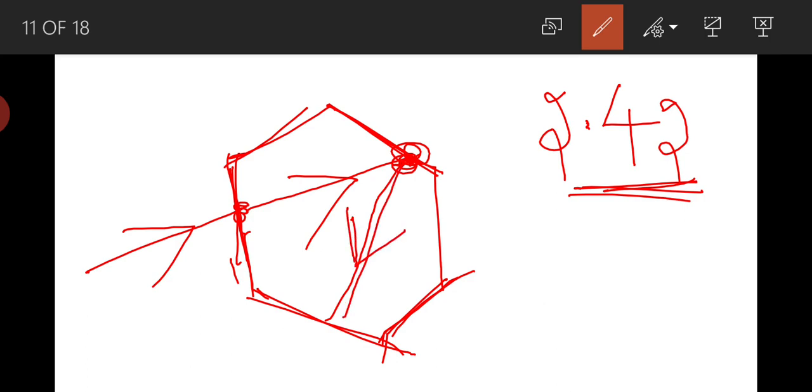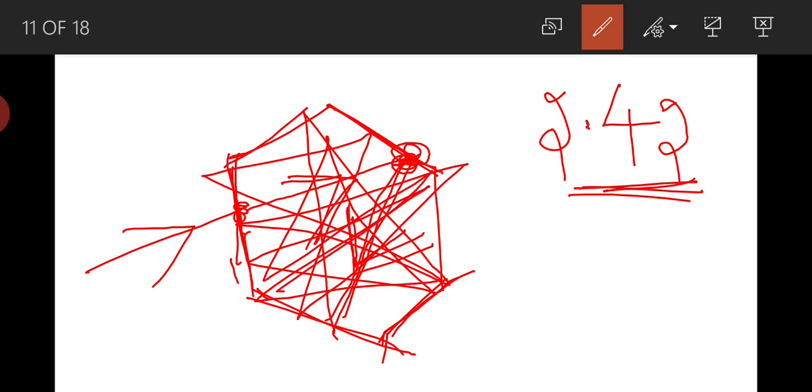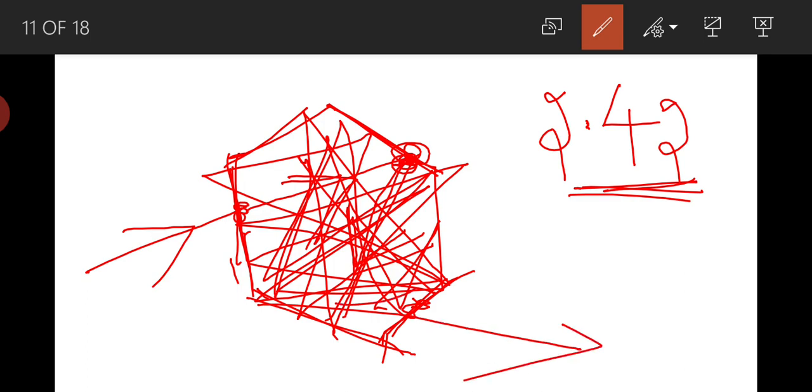So whenever a light ray hits the diamond, it will undergo total internal reflection, and it will undergo multiple reflections like this inside the diamond, and after undergoing many reflections, at some point this light ray will come out.